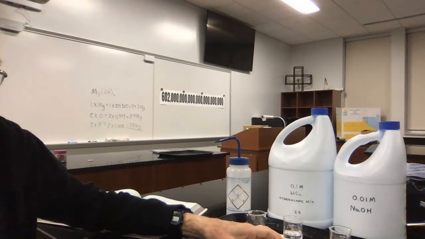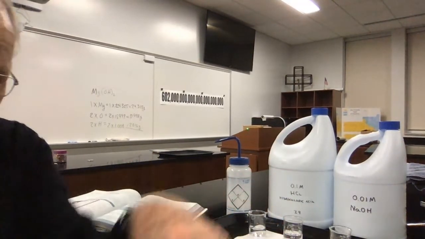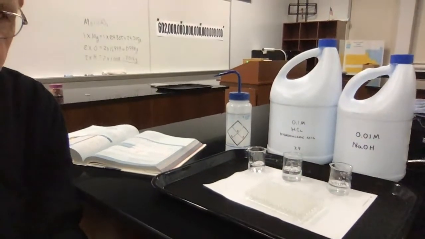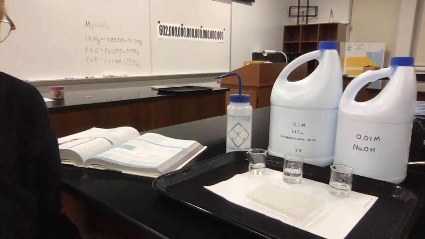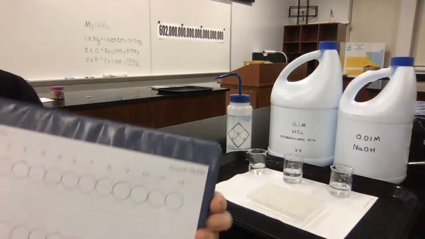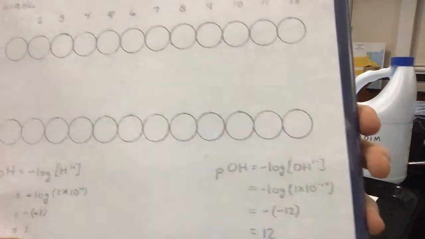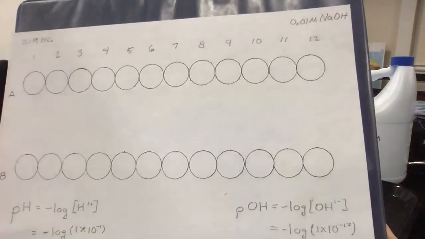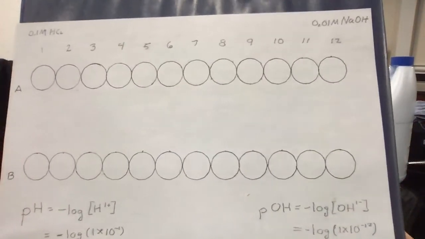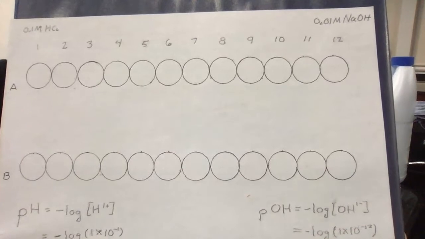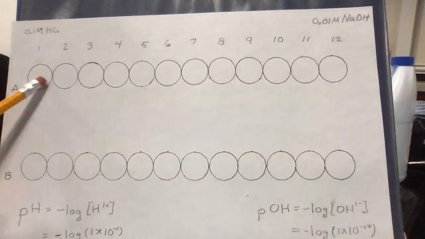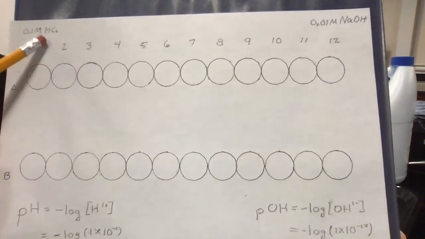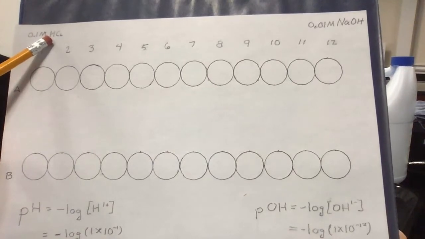Now, to give you an idea what the well plate is like, I made a little diagram here, very similar to one we saw before. Let me hold it up so you can see a little close-up of it. On the far left, I have put into the very first well a 1/10 molar solution of hydrochloric acid.